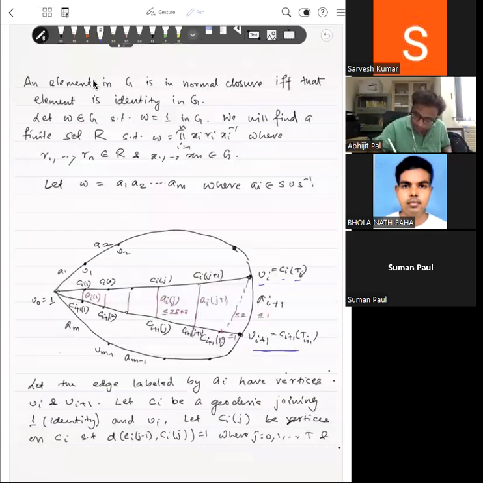First note that the length between Vi and Vi plus 1, because this is an edge in the Cayley graph, is at most 1.